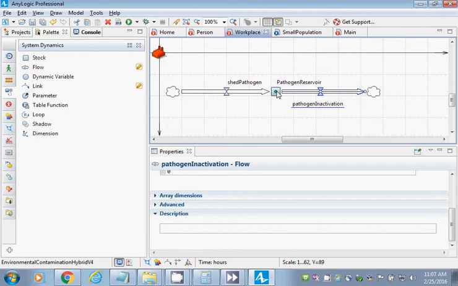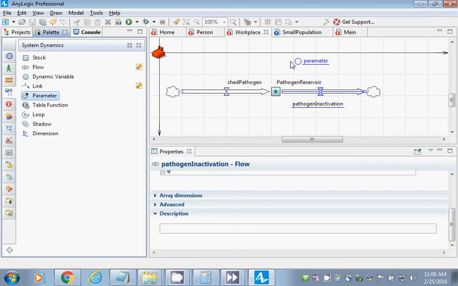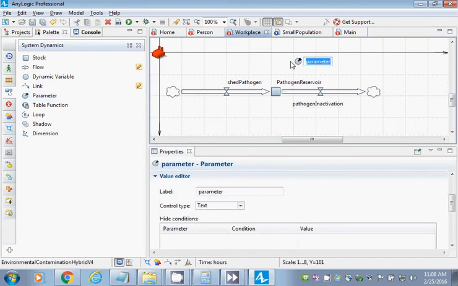But ladies and gentlemen, we're going to put in place a very simple mechanism, a mechanism that we had yesterday for that weight dynamic state chart, which is associated with what's called a first order delay. And this is a common regulatory construct. It represents the fact that if there's nothing in the pathogen reservoir, we'll have zero flow out, zero inactivation.